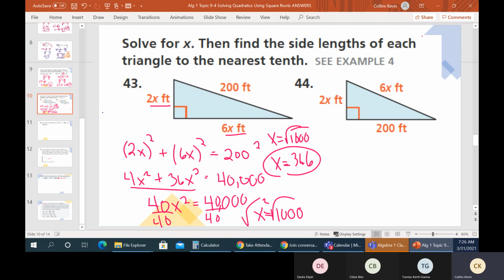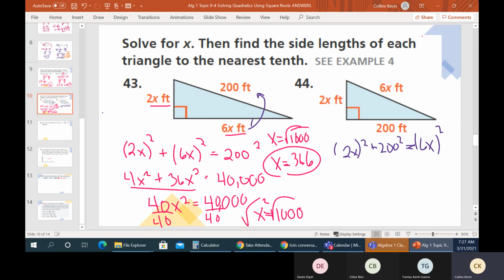All right, so this guy, notice what they did. They switched these two guys, didn't they? That's okay. It's all good. So then this one's going to be short side squared. So this is going to be 2x and then squared again plus 200 squared equals 6x squared.